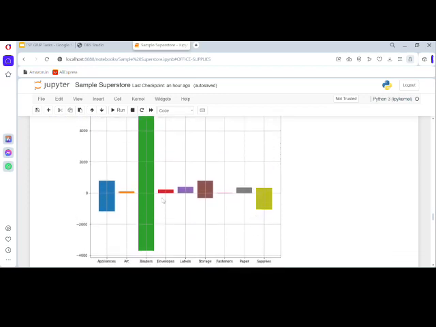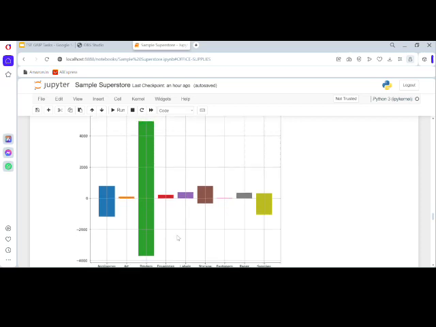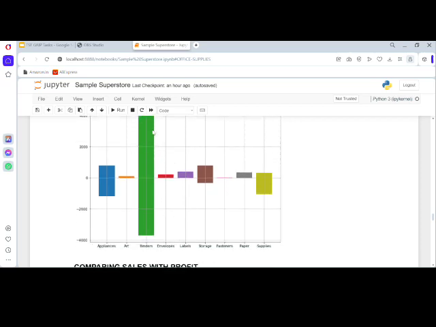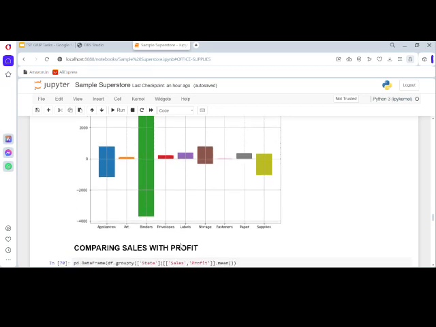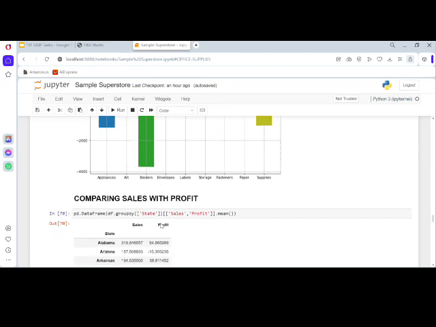Same with the binders. With more increase in profit, there also we incurred loss, but it was also one of the main selling factors in the technology and office works.